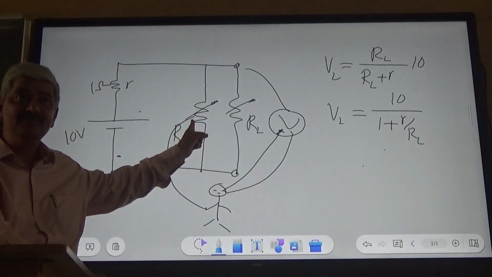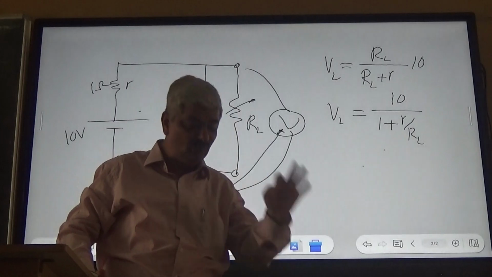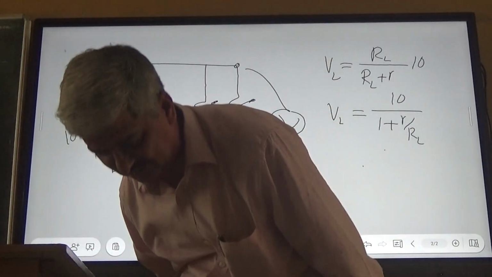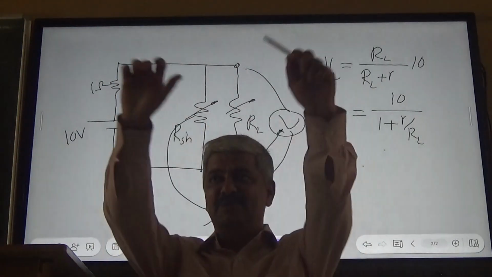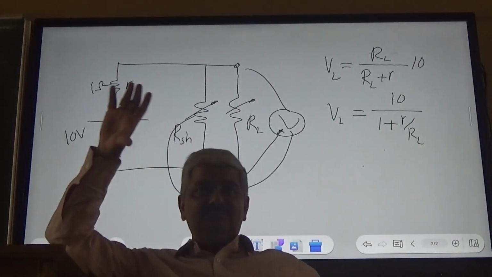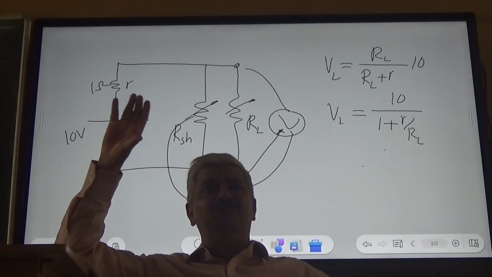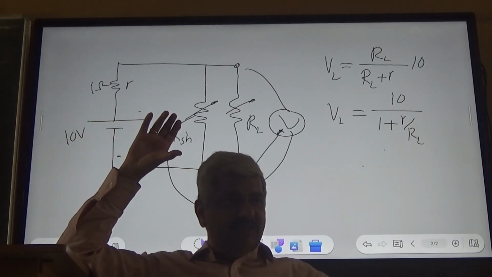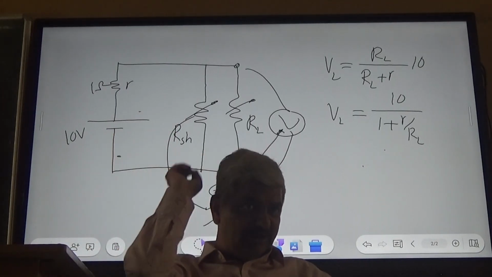Is the idea clear? So what is a shunt regulator? The most simple description of a shunt regulator is that one variable resistor is put across the load. You are calculating RSH.